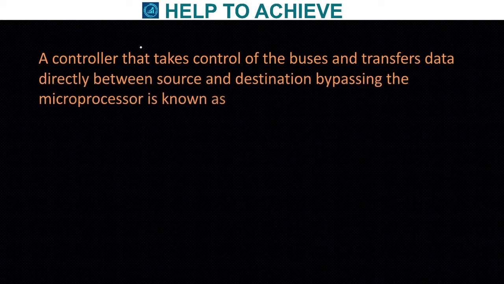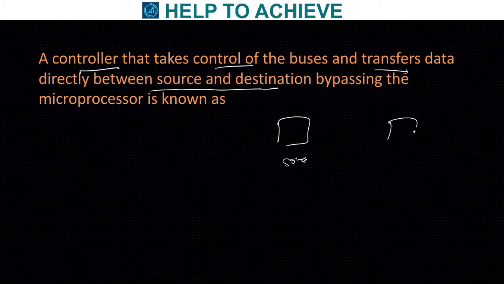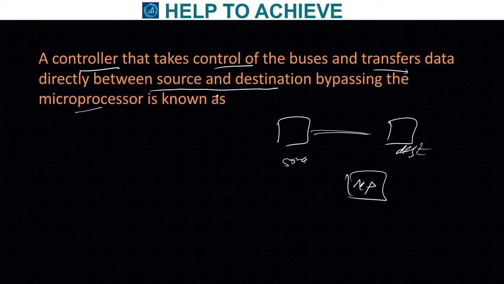A controller that takes control of the buses and transfers the data between the source and the destination, bypassing the microprocessor. Whenever we do a data transfer, it takes the control of the buses and bypasses the microprocessor. This happens in the case of direct memory access, DMA.